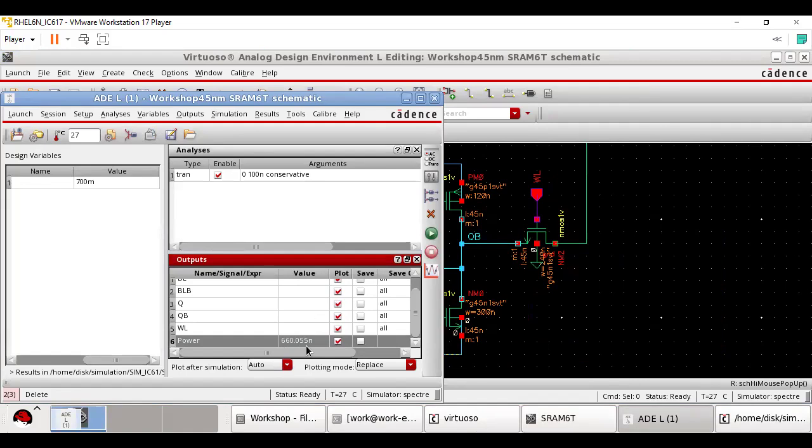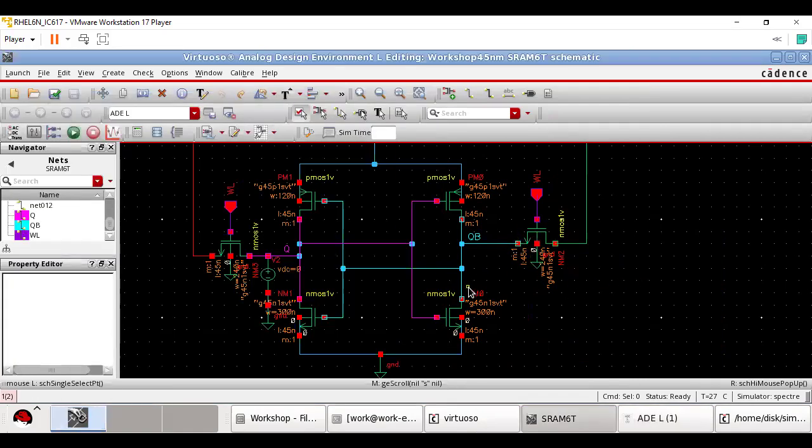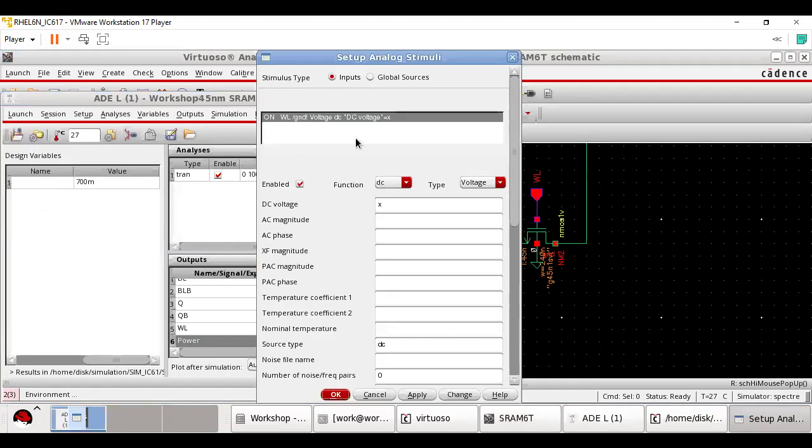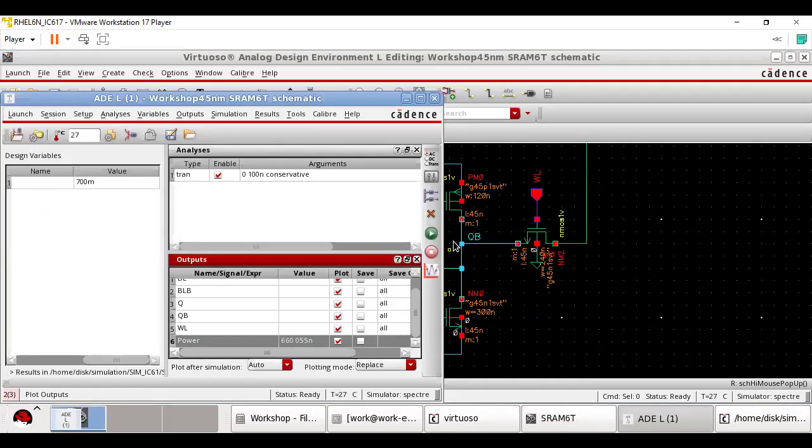And Shivansh was right. When you increase the width of access transistor and pull down transistor, you have made them better conductors. When they are better conductors, they pull BL and BLB down better, but the leakage also increases. Now let us see what is the leakage in this case. For leakage, I make WL equal to 0, and I'll see what is the leakage now.